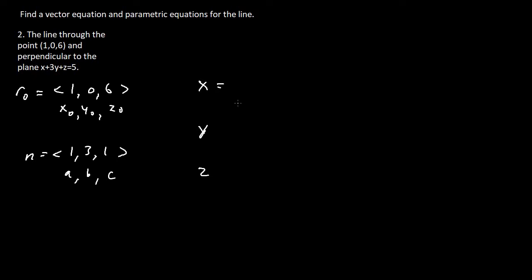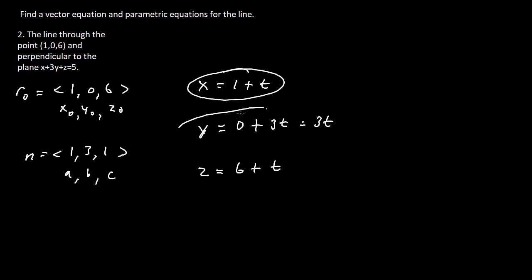And so x is going to equal x sub naught, which is 1, plus a times t, which is 1 times t, which is t. y is going to equal y sub naught, which is 0, plus b times t, so 3t. So then that's just going to equal 3t. And then z is going to equal z sub naught, which is 6, plus c times t. 1 times t is just t. So those are going to be the parametric equations.